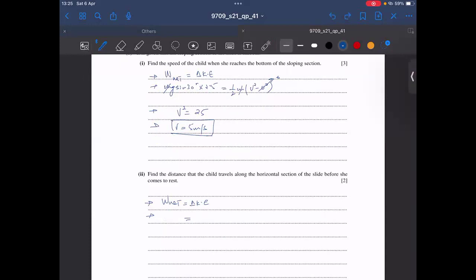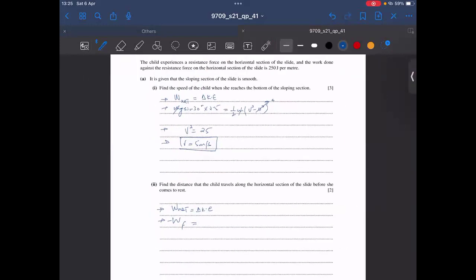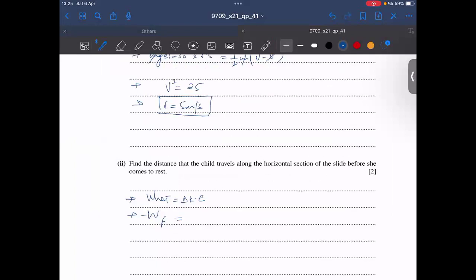That work done against friction is going to be taken as negative, because the friction is in the opposite direction to the displacement while the particle is moving along the horizontal plane. So negative work done by friction is the only work done on the particle, equals the change in kinetic energy, which is half into 35 into 0 squared, because it has come to rest finally, minus 5 squared.